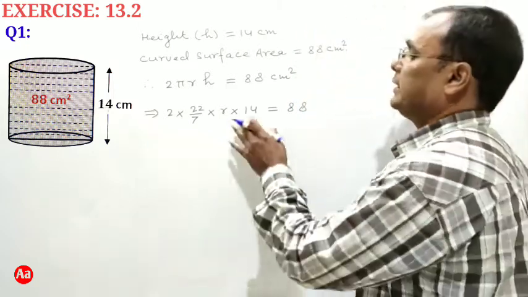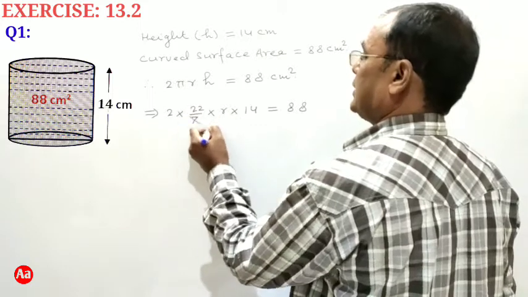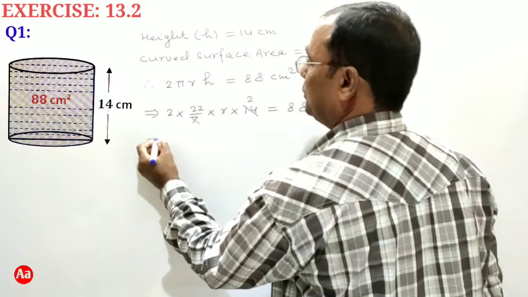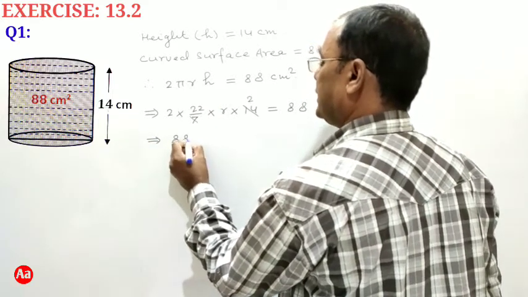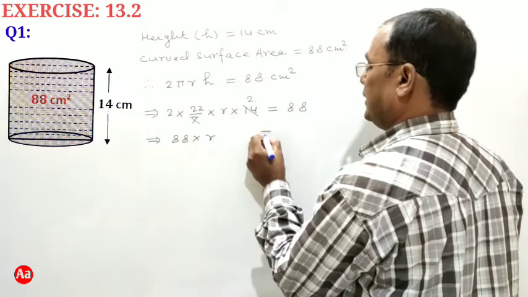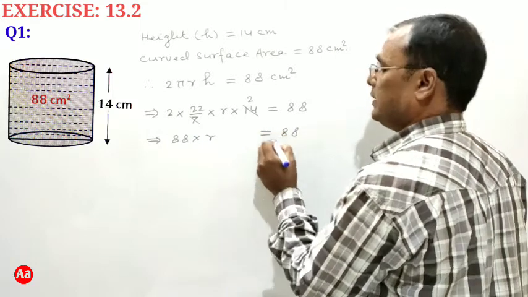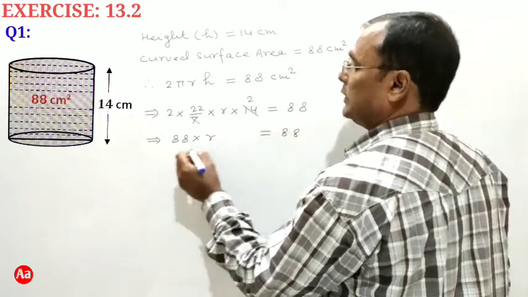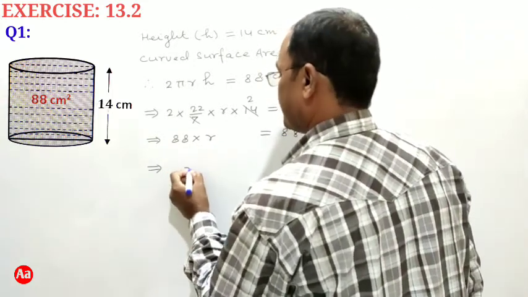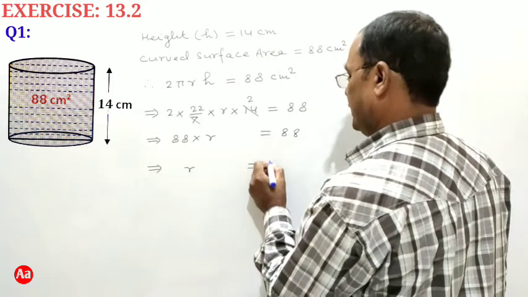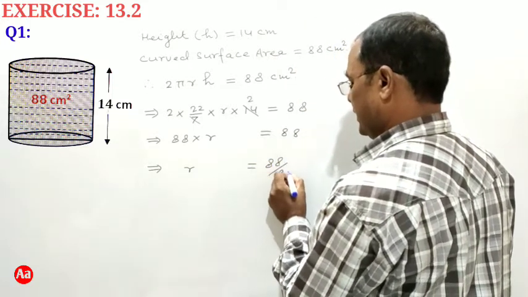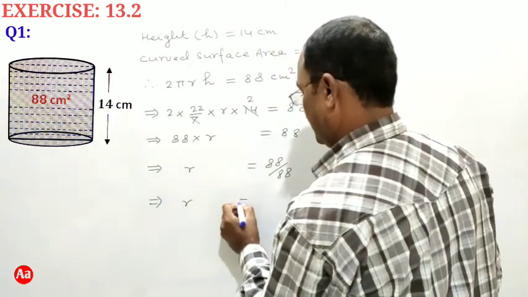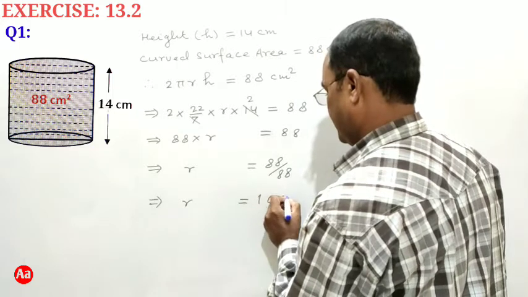So let's calculate radius of the cylinder first. 7 2s are 14, 2 into 2 is 4, 4 into 22, this is equal to 88 into radius r, which is equal to 88, and this implies r is equal to 88 divided by 88. So radius r is equal to 1 centimeter.